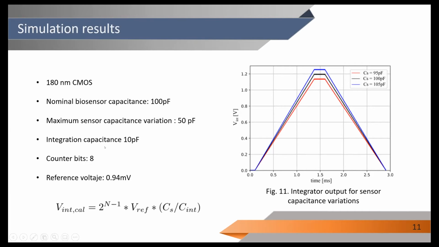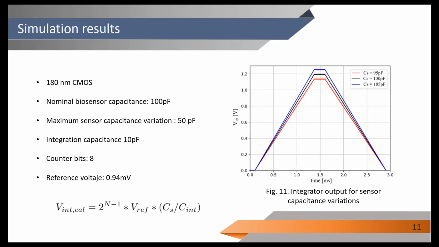The selected integrator gain was 10 to improve the relative precision between the integration capacitance and sensor capacitance, so the integration capacitance is 10 picofarads. The resolution of the counter was 8 bits due to the trade-off between system conversion time and system resolution.